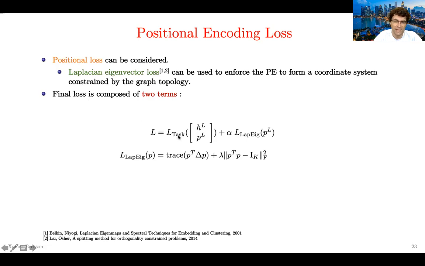We're going to have the task loss, the standard one, but the input will be the structural representation and also the positional information at the last layer of the convnet. Plus this positional loss, here we use again the Laplacian eigenvector loss. This is the Dirichlet semi-norm, where you have P transpose times the Laplacian times P. And here you want P to be an orthonormal coordinate system, so P transpose P is going to be the identity matrix.